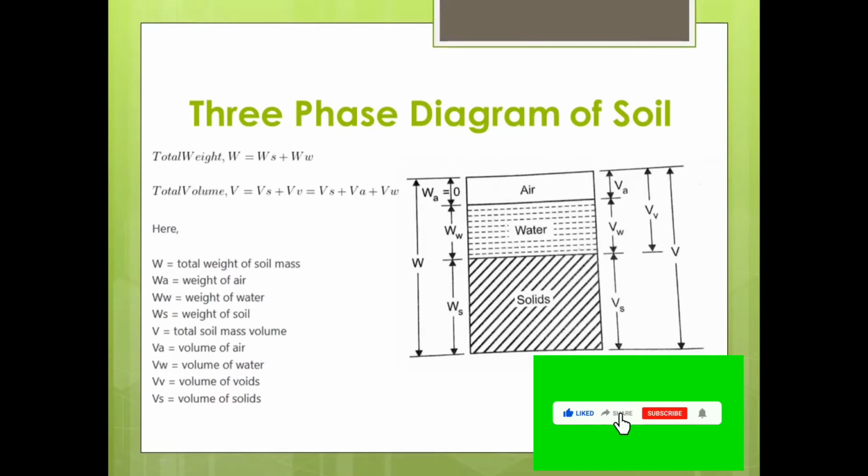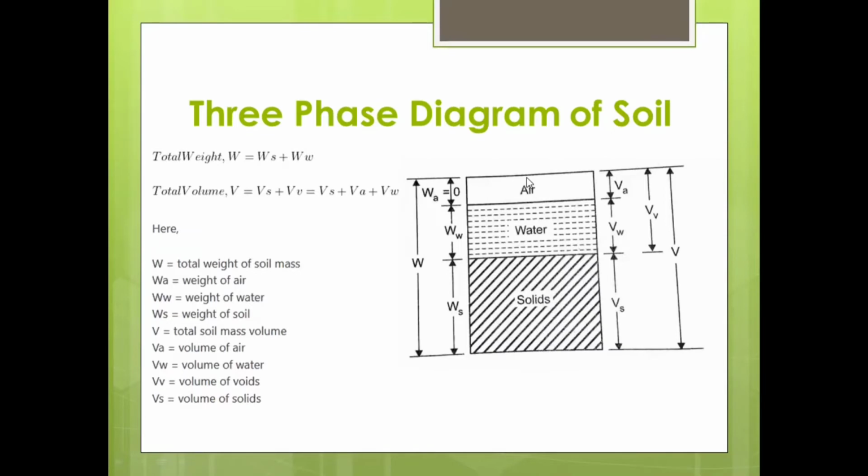This total complete rectangle is the total soil mass or total soil system. It is made up of solids, water, as well as air. As far as volume of the soil mass is concerned, it is from bottom to top. As far as total weight is concerned, it is also from bottom to top.